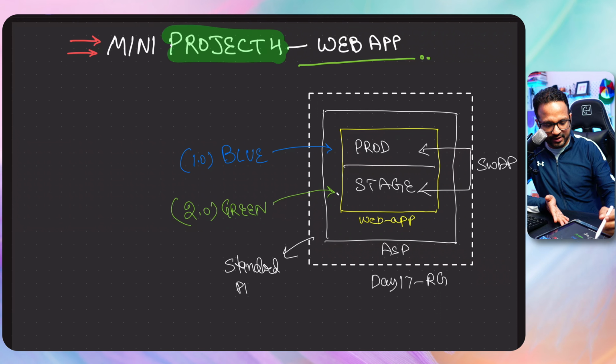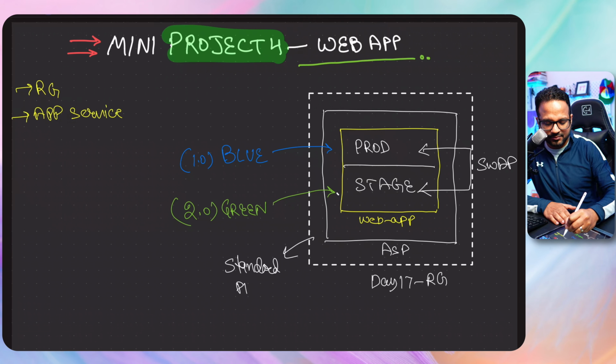So I'll just write down what all resources we'll be creating. First we'll create a resource group, then an app service plan, and then we'll create an Azure Web App or Azure App Service.